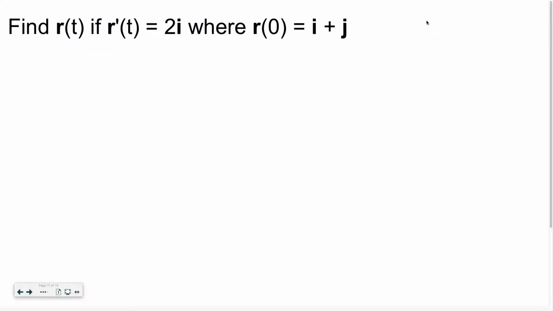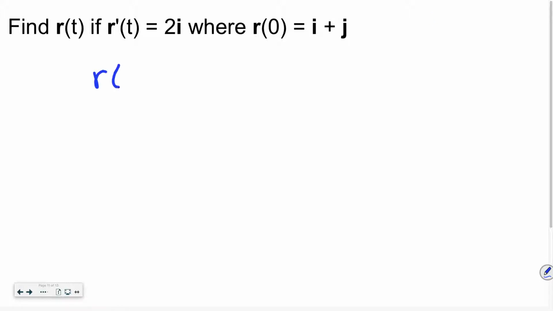Okay, what's going on? I have r prime, and I have the r0 vector, and we want to find r. So what should we do? We should integrate.